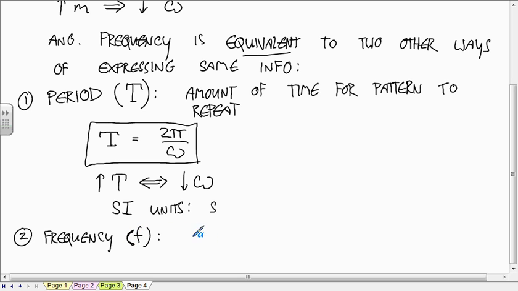The frequency is the number of cycles per unit time. You can calculate the frequency from the period as f is equal to 1 over the period.